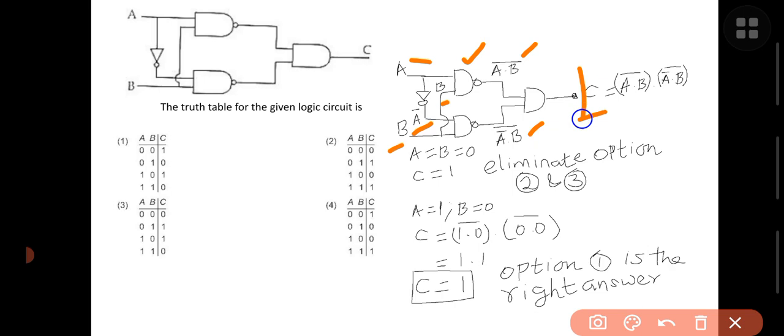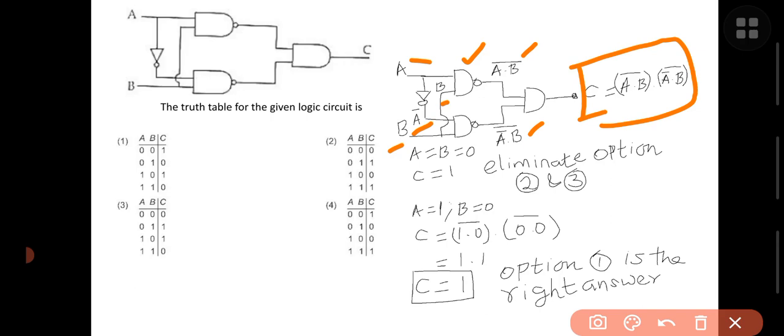Using this output, we are going to find the truth table for the given logic circuit. Let's move on.